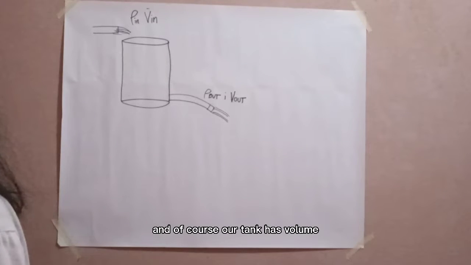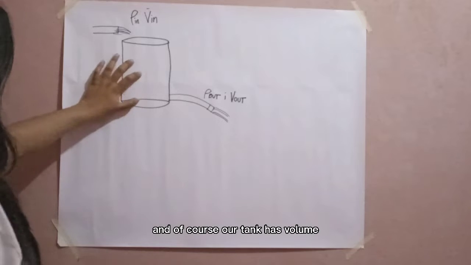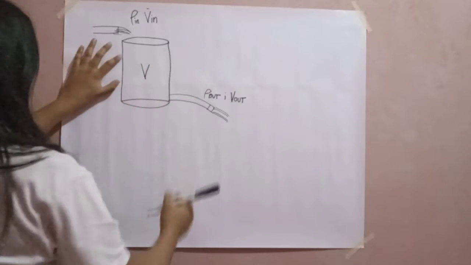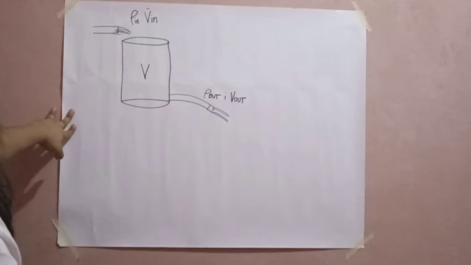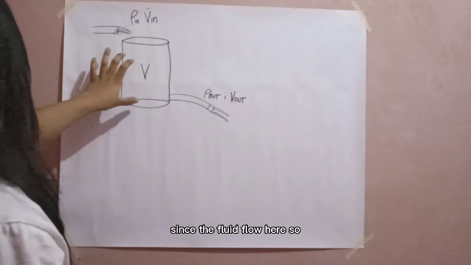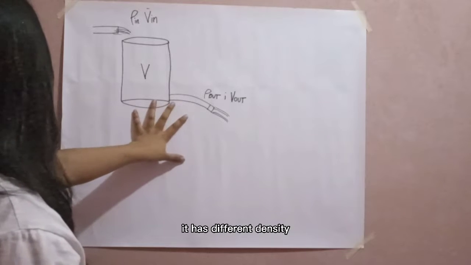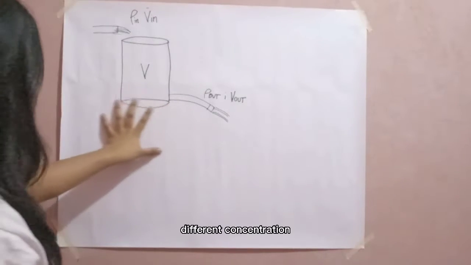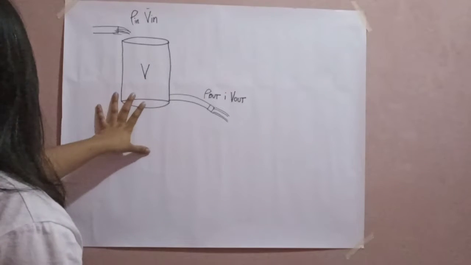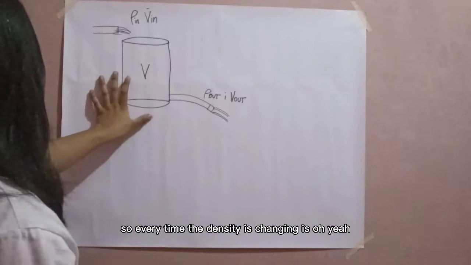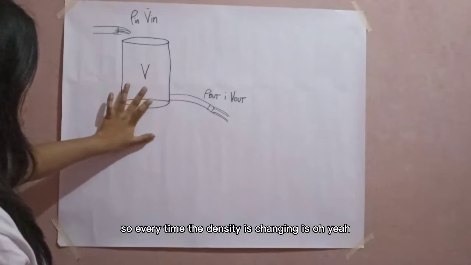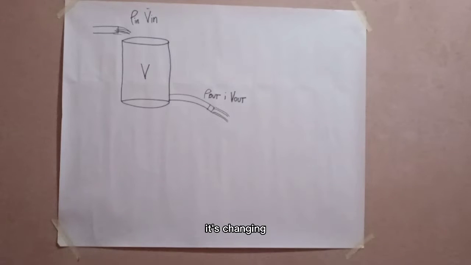And of course, our tank has a volume of the fluid. Since the fluid flows here, it has a different density, a different concentration while it's flowing inside the tank. So every time, the density is changing.